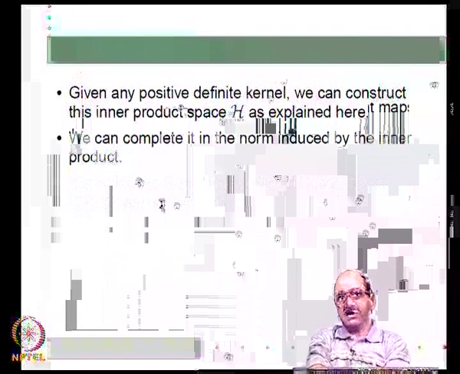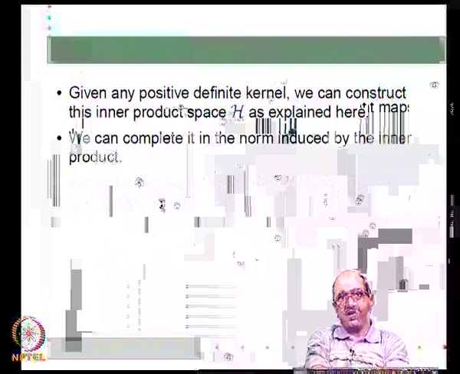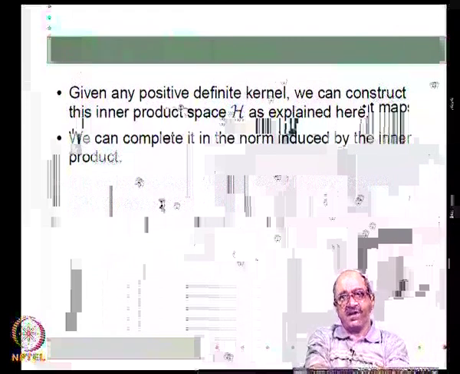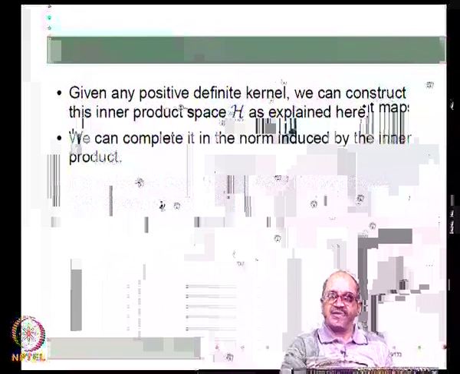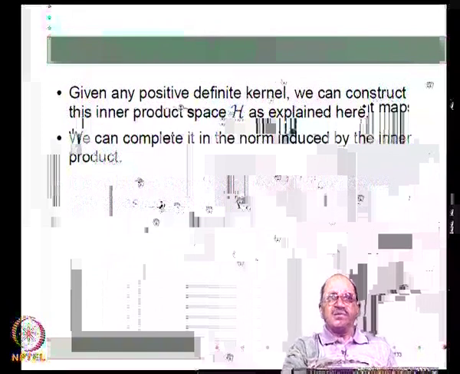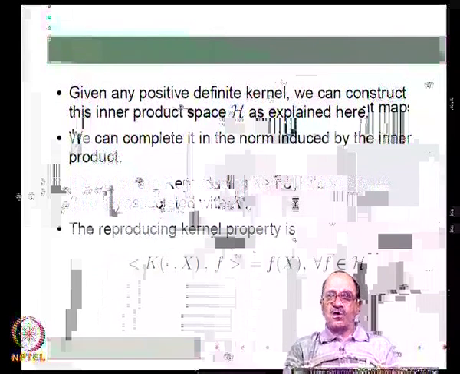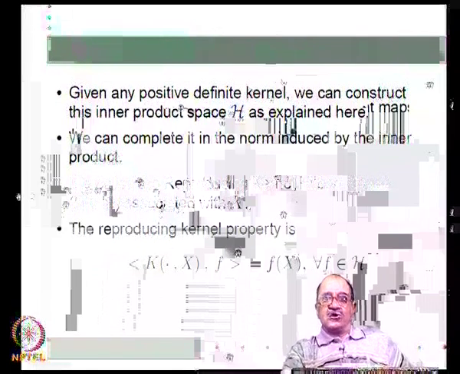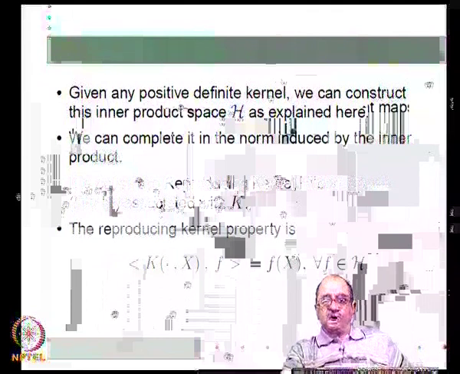Essentially, a Hilbert space is a vector space on which you have defined an inner product, and in the metric induced by the inner product, the space is complete. That is why it is called a Hilbert space. So, this H that we constructed is called a reproducing kernel Hilbert space, given a positive kernel K, we constructed the H.